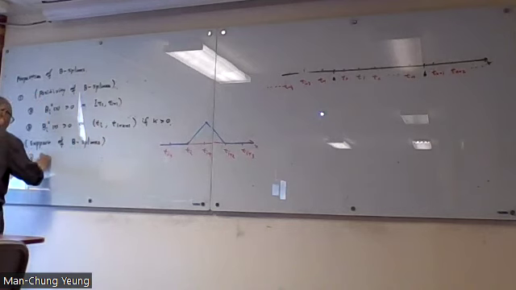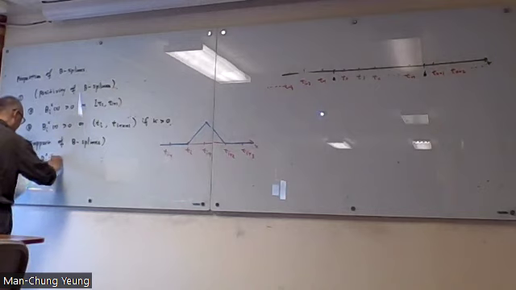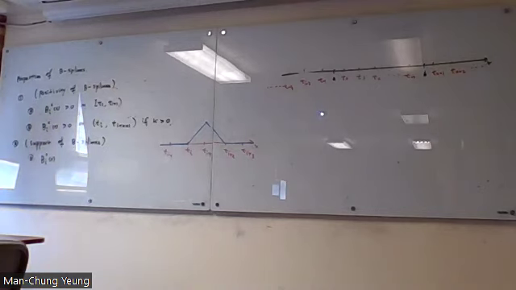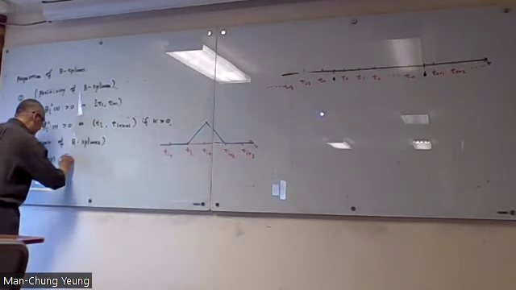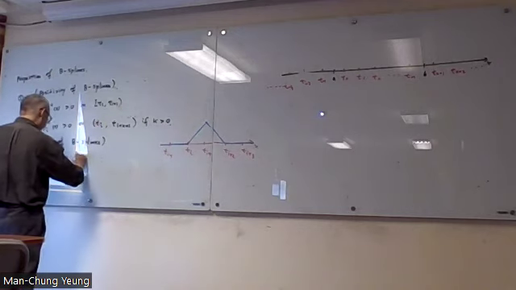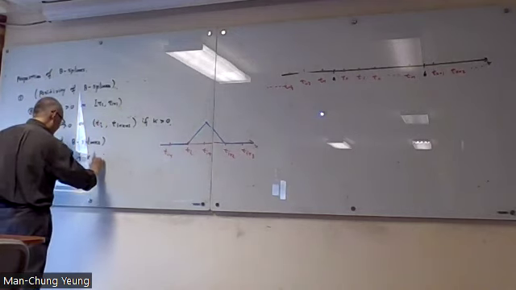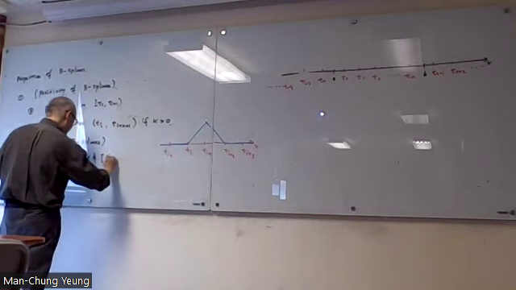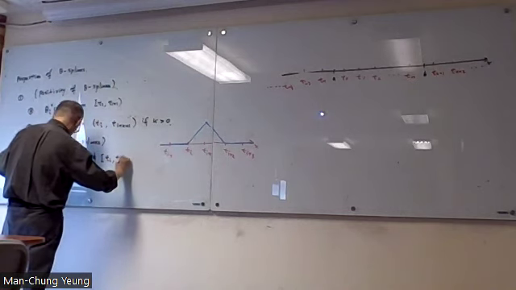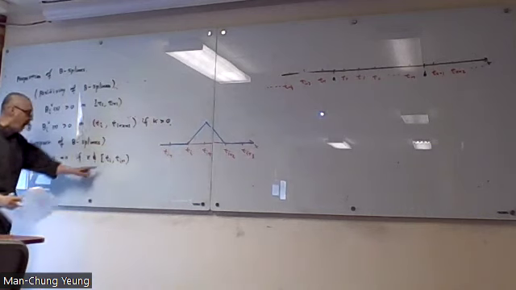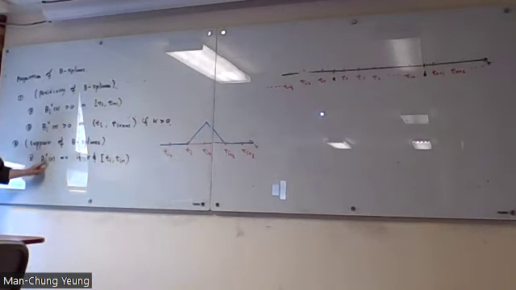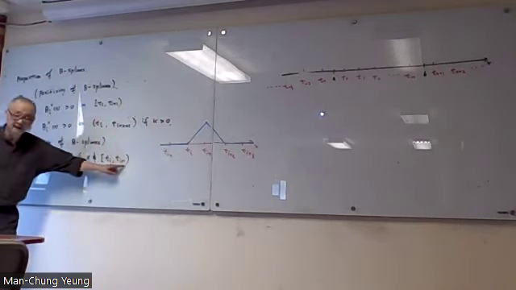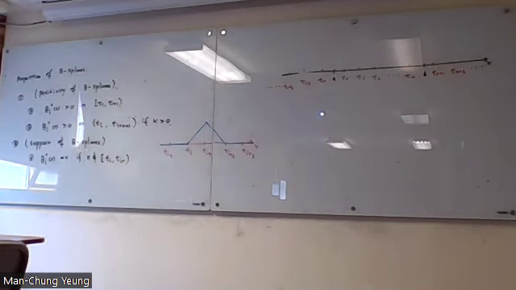When degree is 0, this function is 0 if x is not in, outside this interval. What's the value? 0. That means that this interval is the support of bi0.